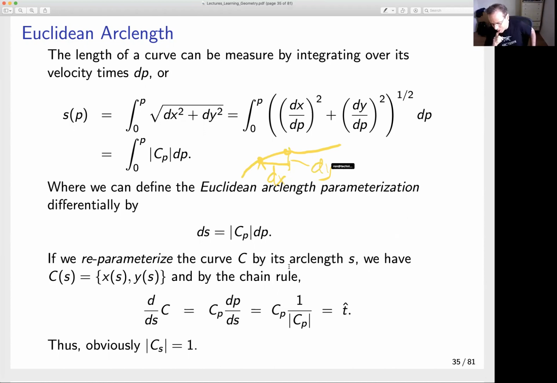Now dividing and multiplying by dp, what I'm getting is this equation over here, and in shorthand notation, here I have x_p squared and y_p squared, and I'm taking the square root of both of these, and this is by definition what we called the norm of C_p. Remember that C_p was nothing but x_p and y_p.